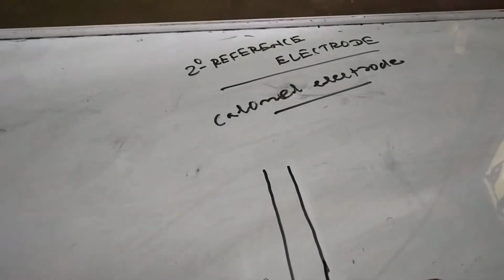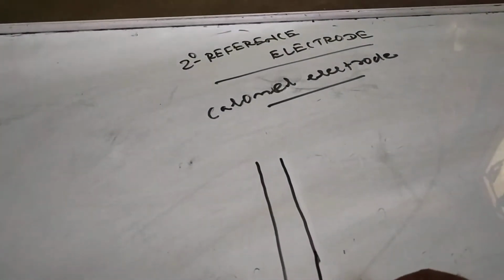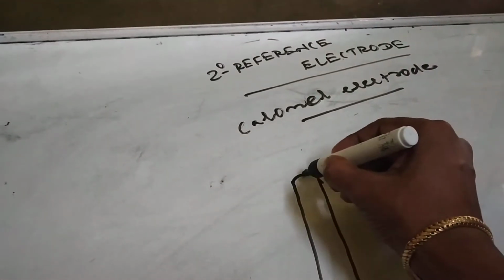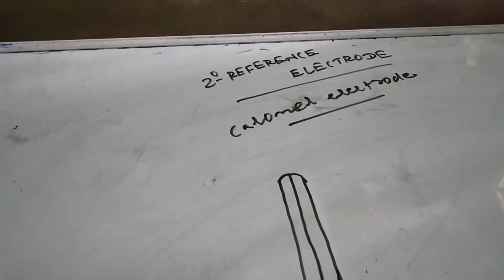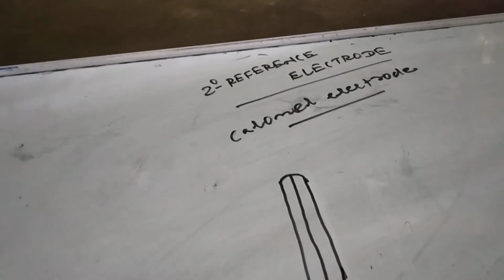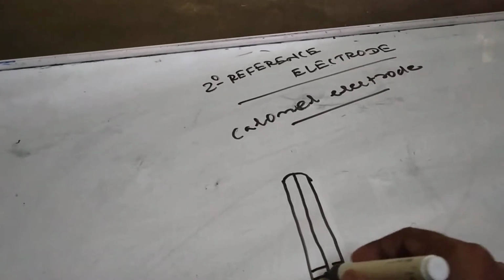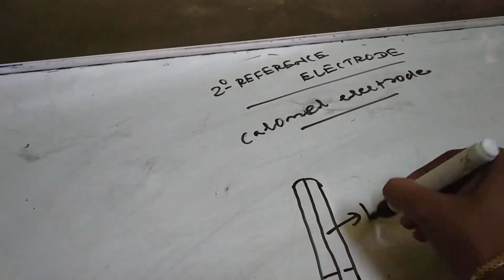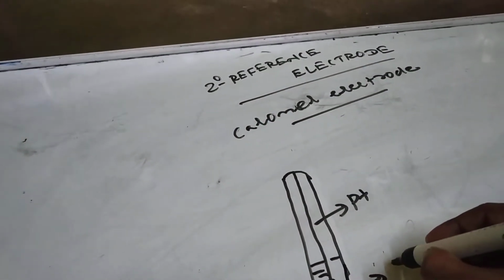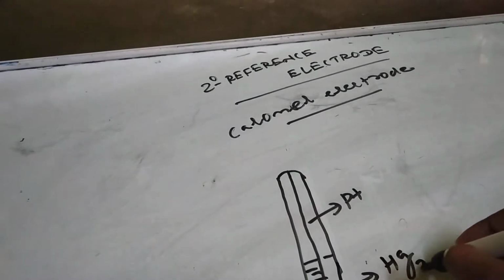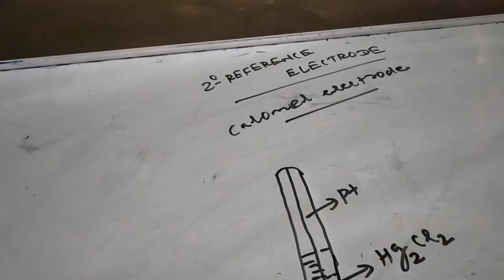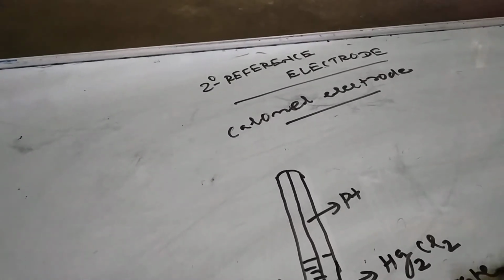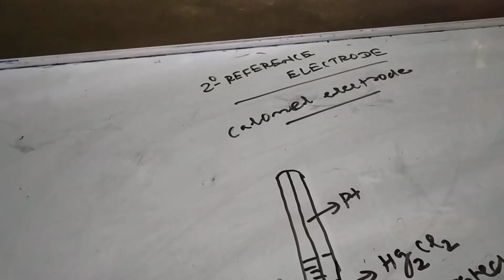This glass tube is fitted with a platinum wire and it is filled up with mercurous chloride, which is saturated with KCl solution.